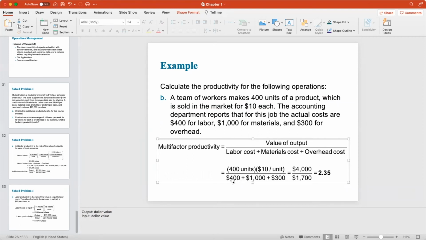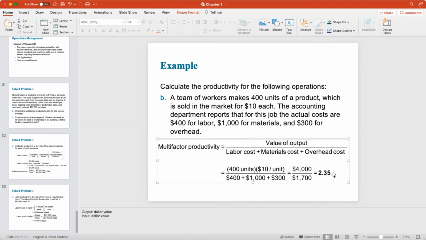So when you calculate the input based on the dollar value unit, the input should be 400 plus 1,000 plus 300, which in total is $1,700. Very straightforward, right? By having output and input, you can clearly calculate the multi-factor productivity, which is 2.35.